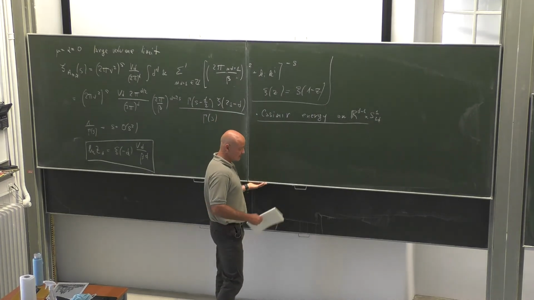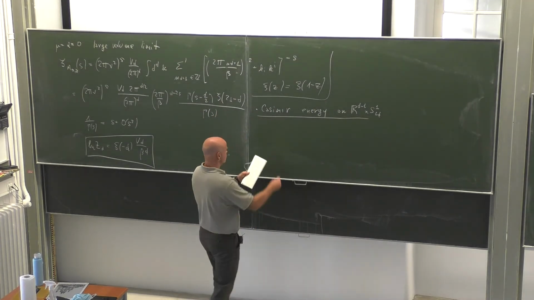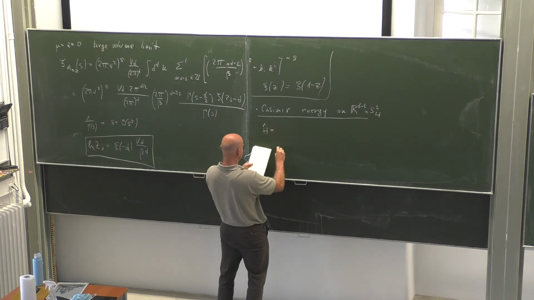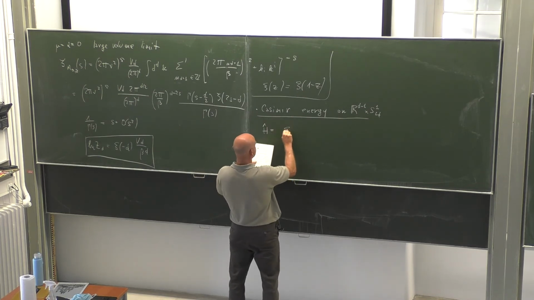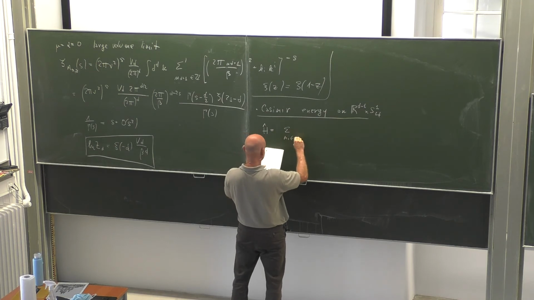Okay, for the Casimir energy, so you have this Hamiltonian, and if you do not choose normal ordering, you have this kind of thing to compute.